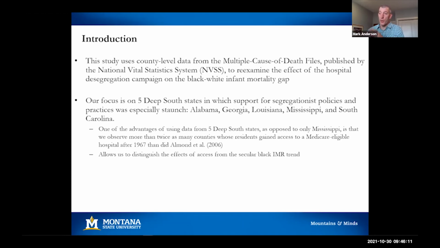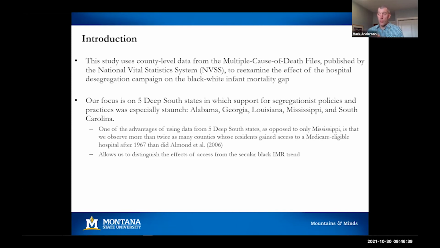Initially, we wanted to focus on all of the states in the South. We ended up just focusing on the 5 Deep South states, mostly because data transcription efforts were fairly onerous. So we focus on Alabama, Georgia, Louisiana, Mississippi, and South Carolina. These are the 5 states where support for segregationist policies and practices was particularly staunch.